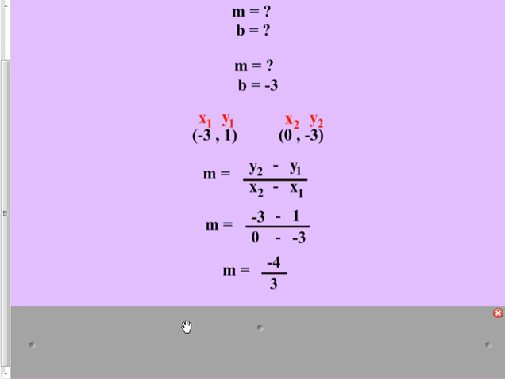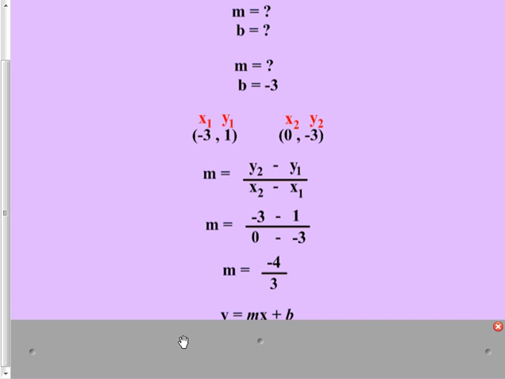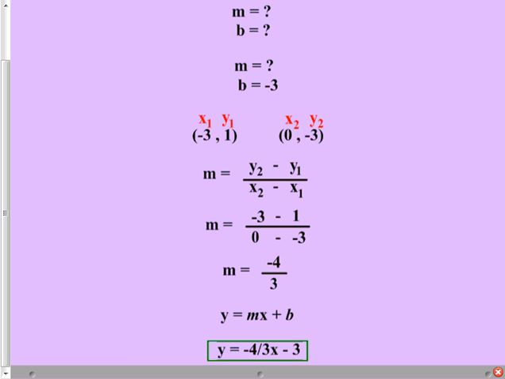It is the rise. The denominator means something. It is the run. So we do not need to convert that any further than it is right now. Let's just plug our values into slope-intercept form. We had the y-intercept. Now we have the slope. So all we have to do is write our equation, and our equation will be y equals negative 4/3 x minus 3.